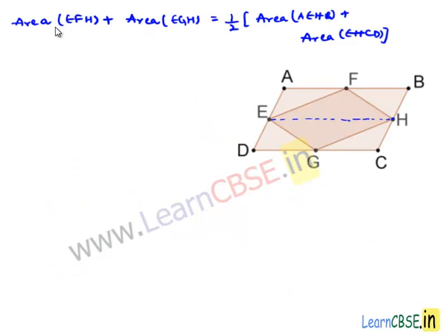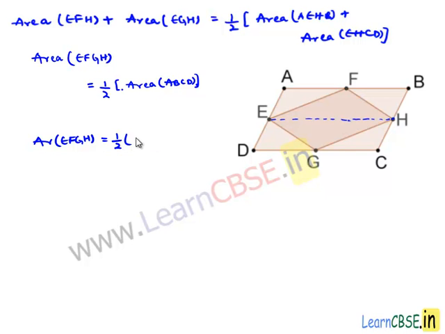Here, the area of triangle EFH and triangle EGH is equal to the area covered under the figure EFGH, and the area of parallelogram AEHB and parallelogram EHCD gives the area of total parallelogram ABCD. Therefore, finally we can say that area of EFGH is equal to half times area of parallelogram ABCD. This is what was required, and it is hence proved.